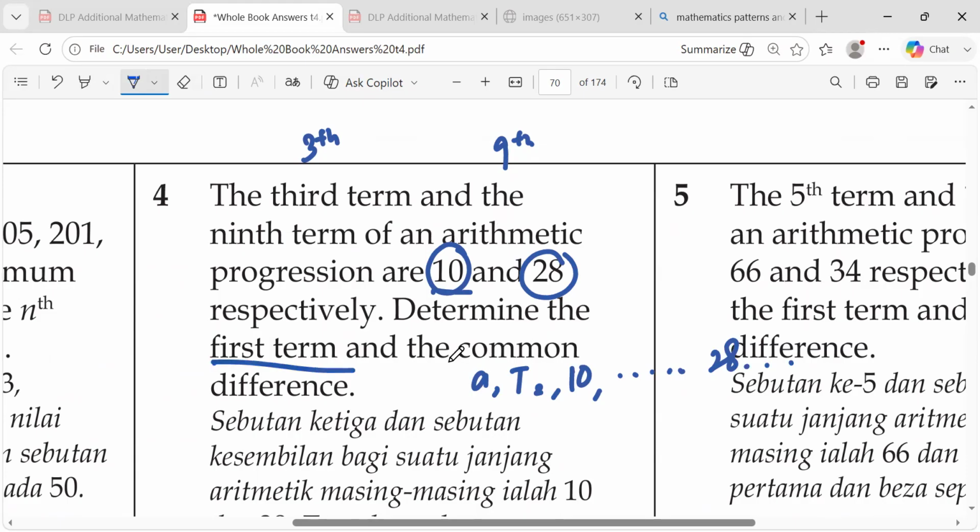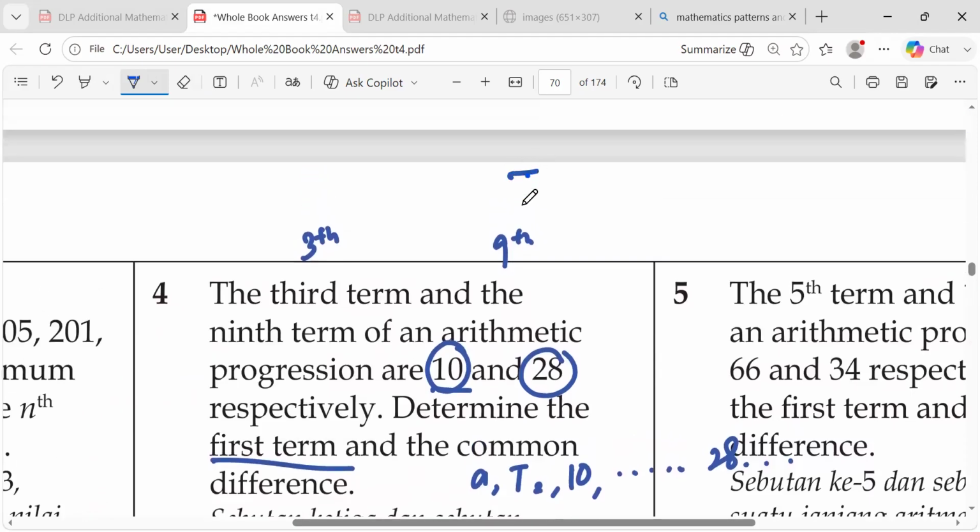Determine the first term and the common difference. How to do this? First, what I have learned is that I know what is A, I know what is D. So I know the formula here. But the thing is, I only have the third one and the ninth one. So how?